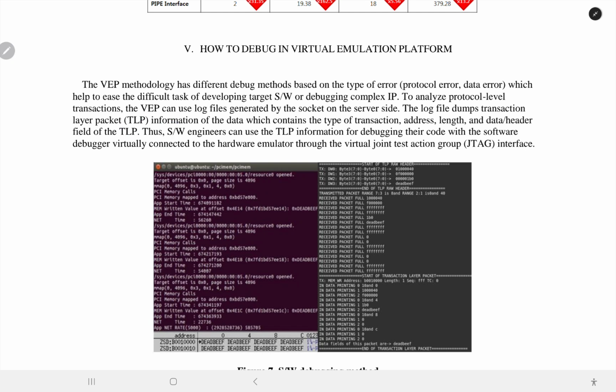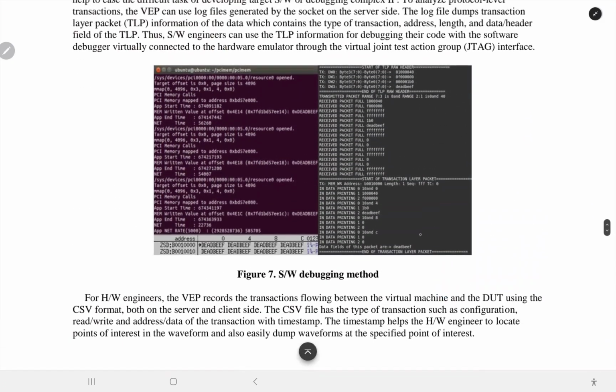Thus, software engineers can use the TLP information for debugging their code with a software debugger virtually connected to the hardware emulator through the virtual Joint Test Action Group, JTAG, interface. Figure 7. Software debugging method.